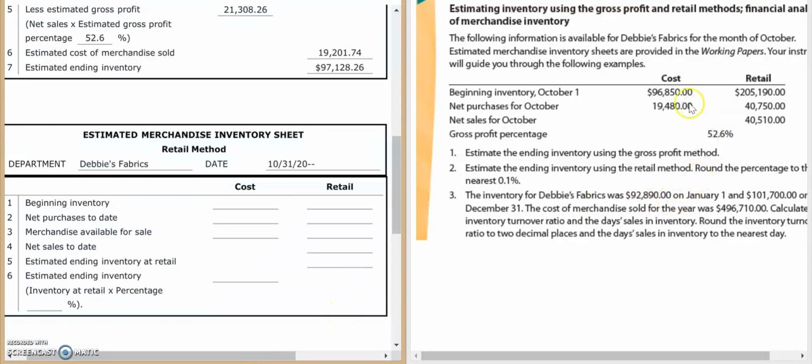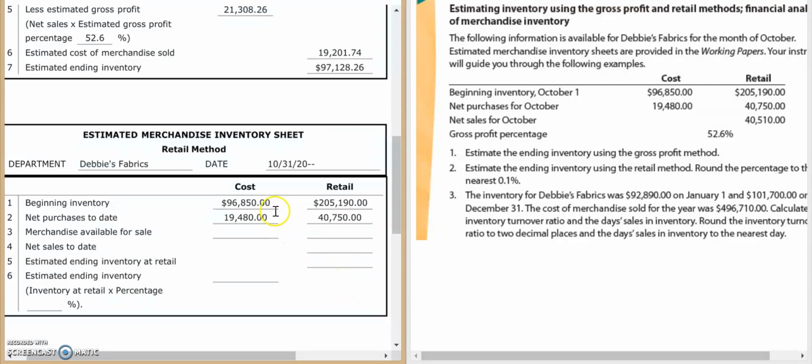And then we're going to start plugging some of our information in. So our beginning inventory at cost is $96,850. Our beginning inventory at retail is $205,190, excuse me. Our net purchases to date at cost are $19,480, and our net purchases at retail are $40,750.